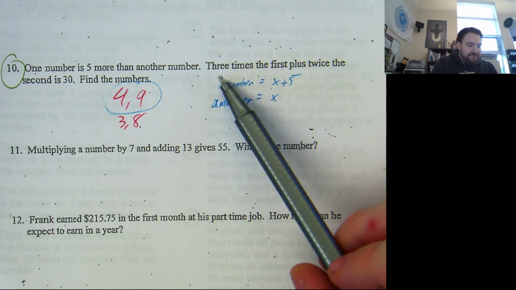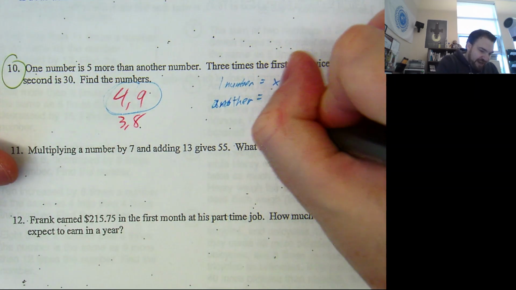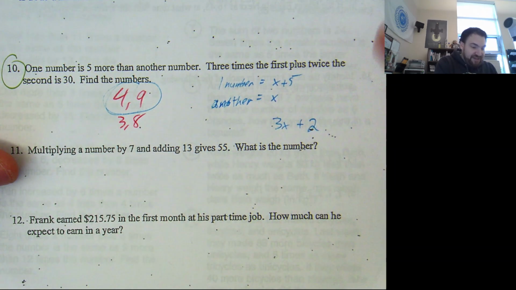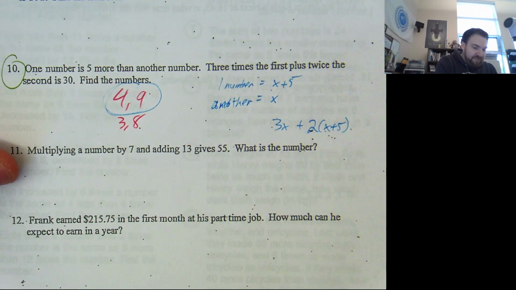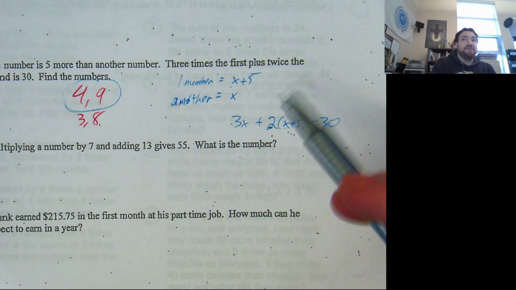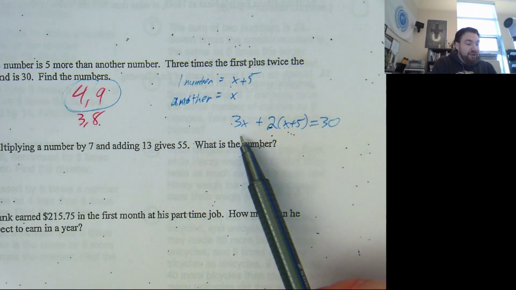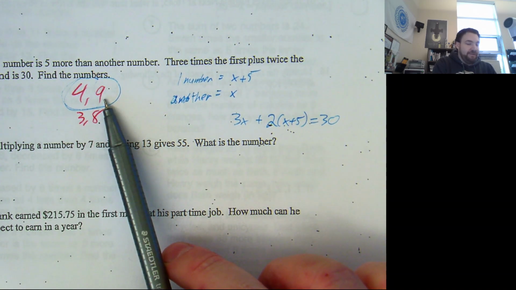So 3 times the first number, so 3x, plus twice the second number, 2 times the second number, which is x plus 5. That's going to equal 30. If you interpret it as the first number is the lower of the two, I think this is where we're going to get 4 and 9.